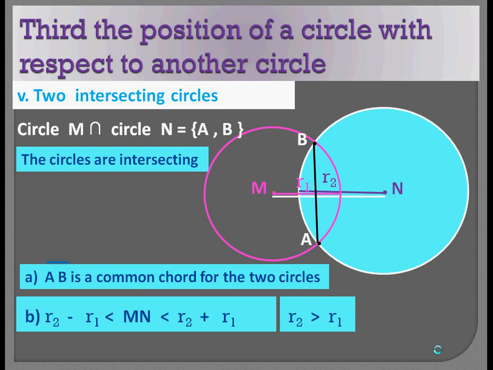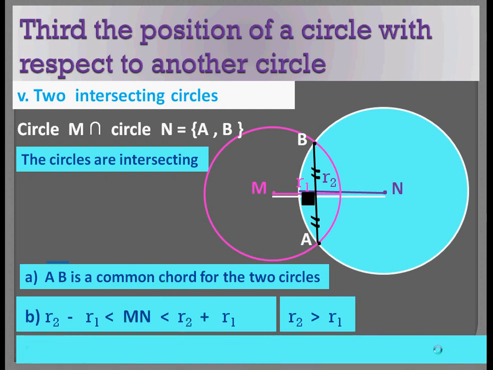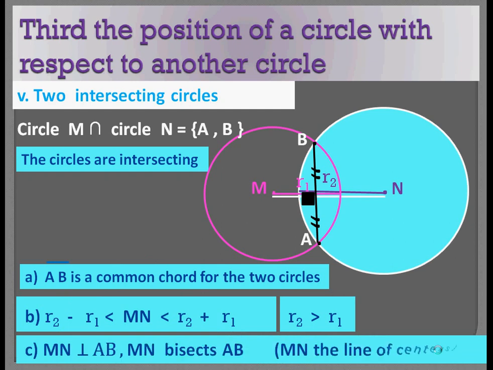Here R2 is greater than R1, so you must write the greater radius first to avoid getting a negative length. So MN is the perpendicular bisector of AB, as you see. In this case, the two circles are intersecting circles, and MN is the line of centers.